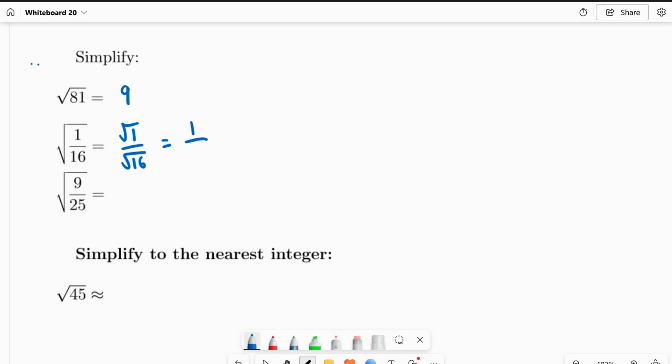And what number squared gives you 16? If you look back at your list, you should see that that number is 4. All right, I'm going to let you guys do that last one on your own. Remember, break up the numerator and denominator first, and then take the square root of both numbers.